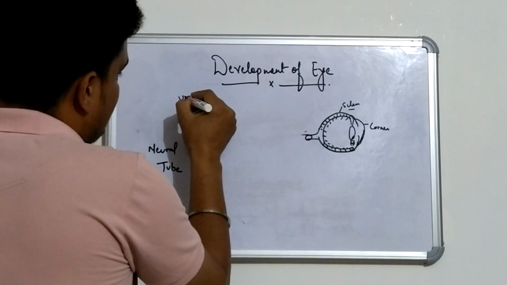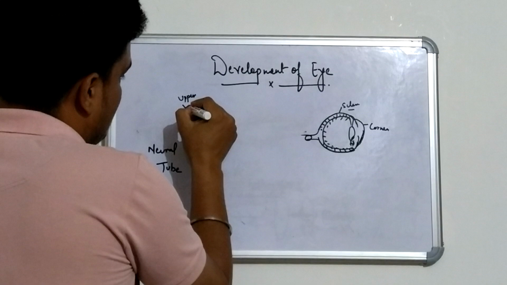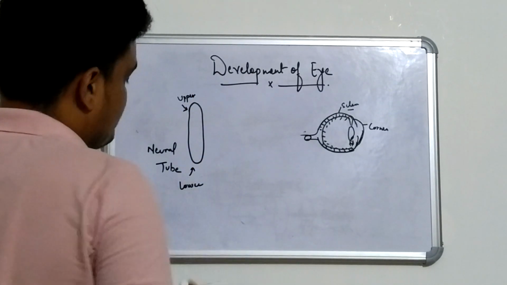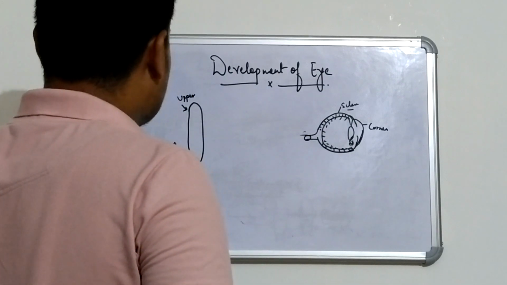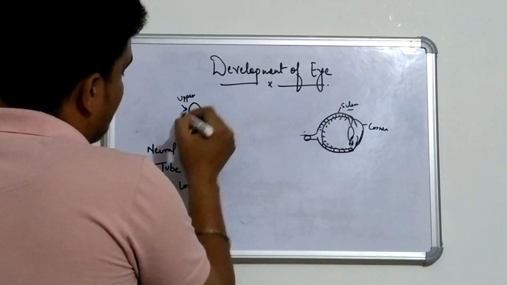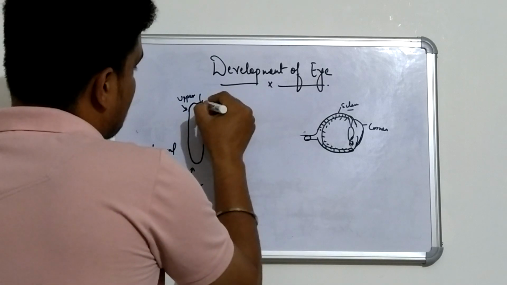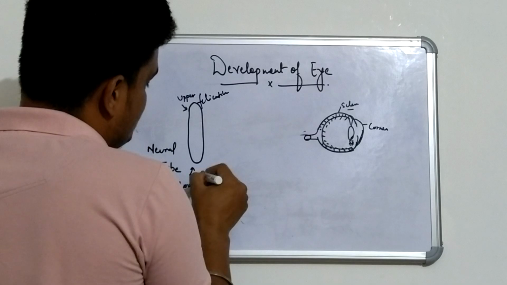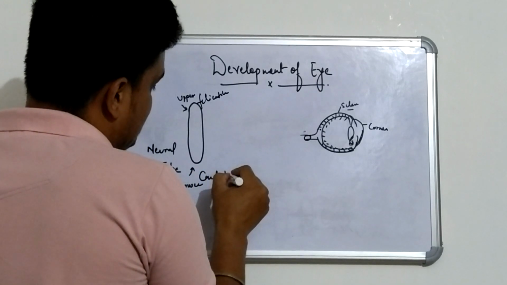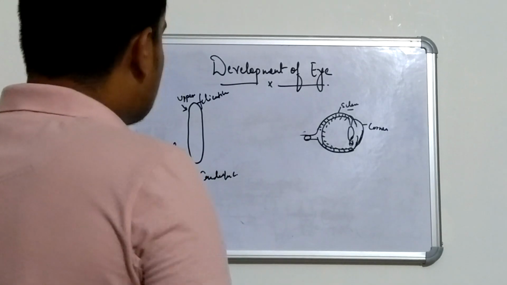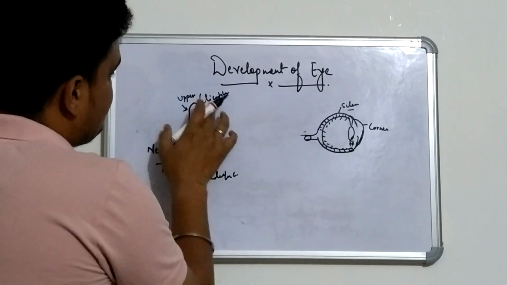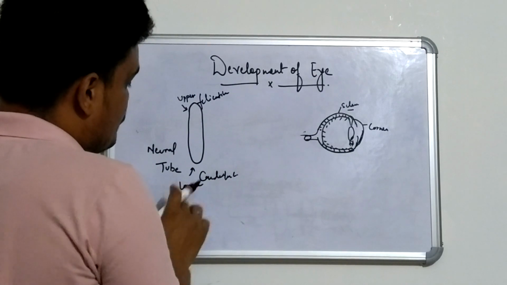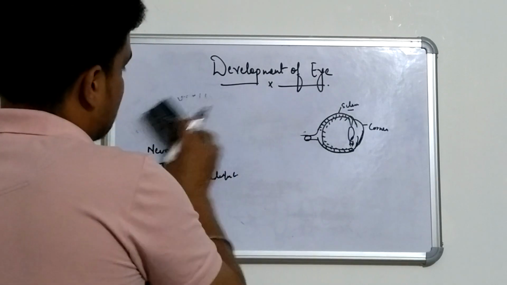This is the upper part and this is the lower part. The upper portion of the neural tube is called the cephalic part and the lower portion is called the caudal part.